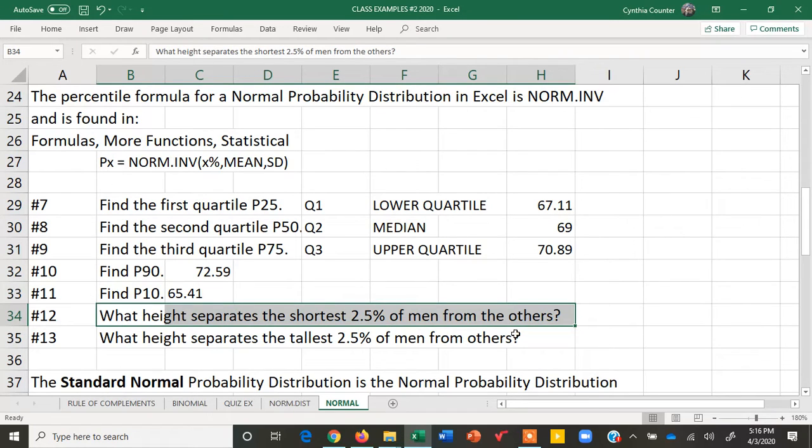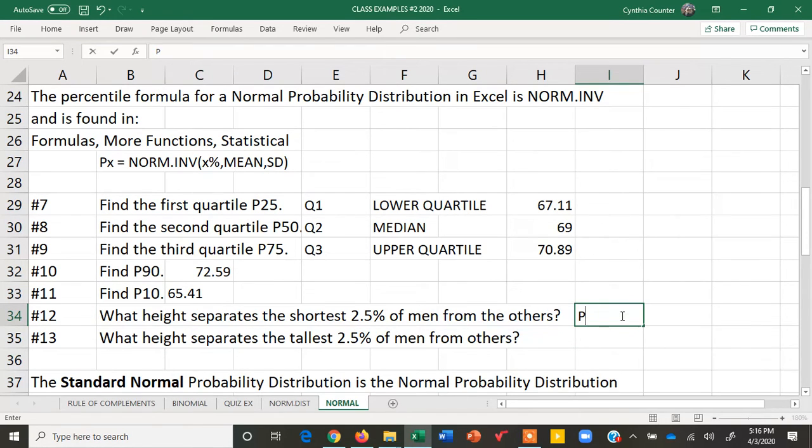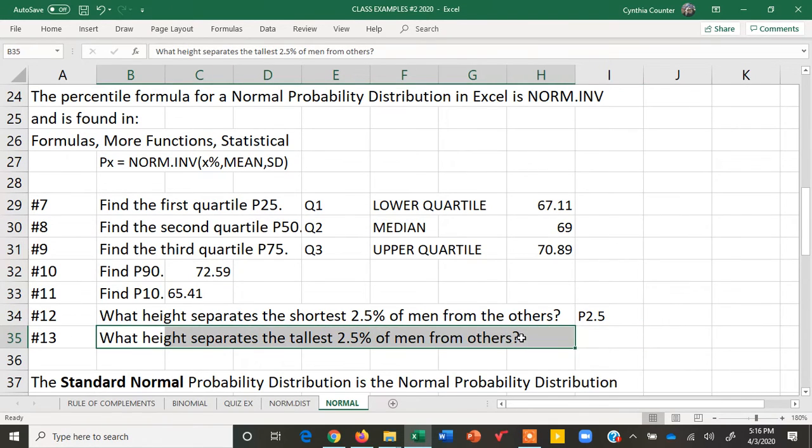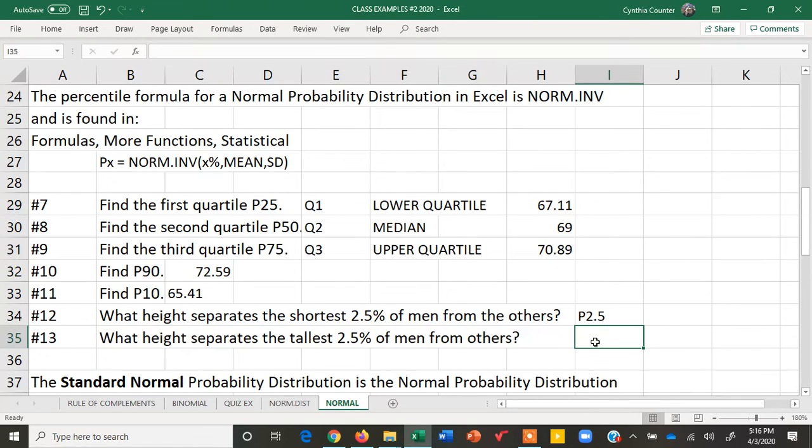So notice we're separating the bottom 2.5%, so this would be the same thing as P2.5. This one, what height separates the tallest 2.5% of men? This now, the 2.5% tallest is in the right tail. It's separating the bottom 97.5% from the tallest 2.5%, which is actually the 97.5th percentile.